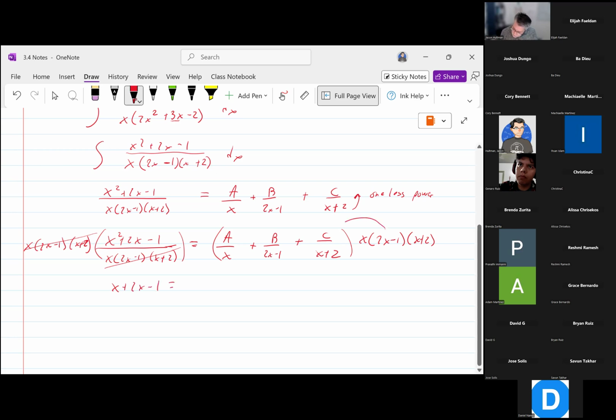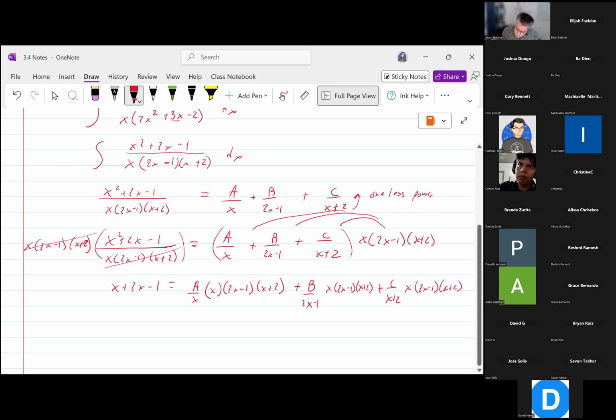Now when I distribute these, I will get A over x times 2x minus 1 times x plus 2, plus B over 2x minus 1 times x times 2x minus 1 times x plus 2, plus C over x plus 2 times x times 2x minus 1 times x plus 2.